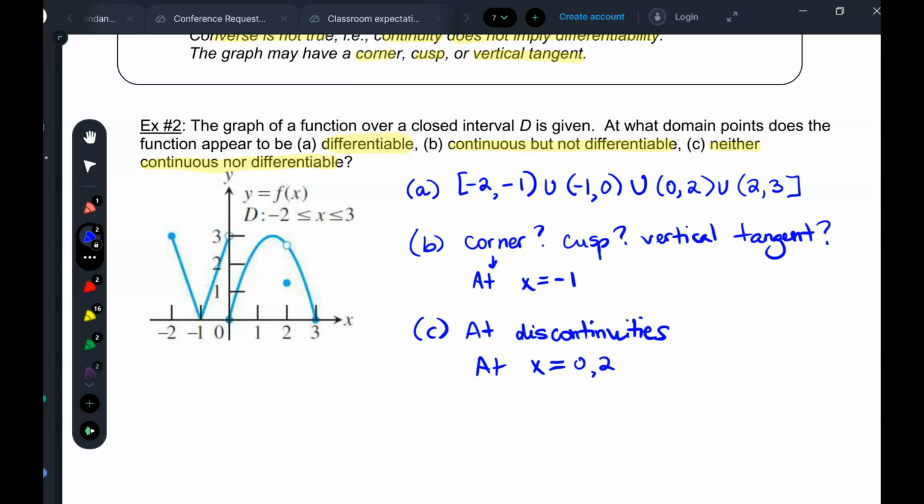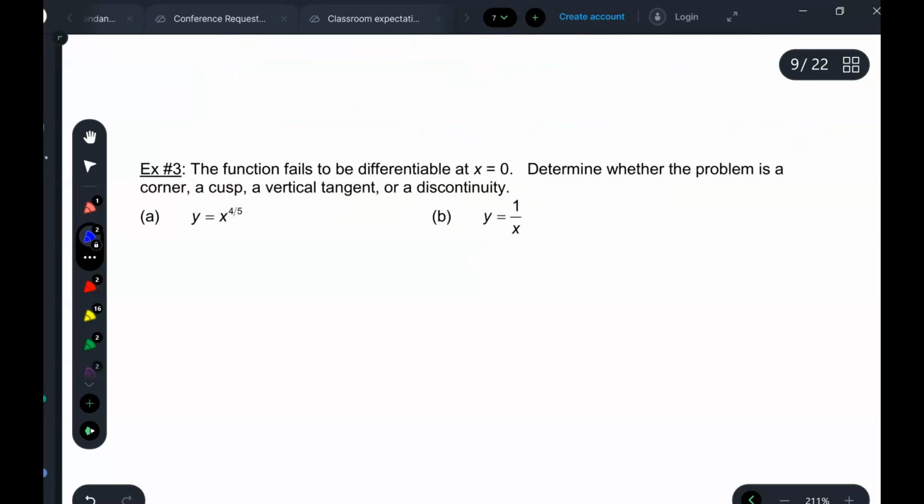So it's a lot about the vocabulary here. It's more vocabulary than it is actual math, right? You have to understand when I say differentiable, what's that mean? If I say continuous but not differentiable, now we're looking for those specific corner, cusp, or vertical tangent. Okay, I know it's a lot to put together, but with practice, we'll be fine.